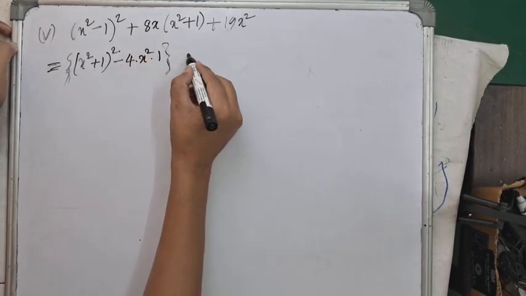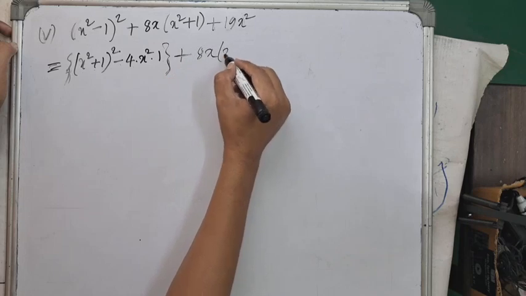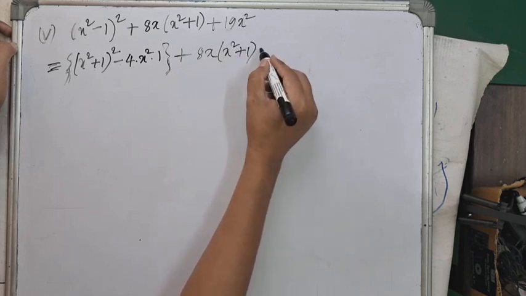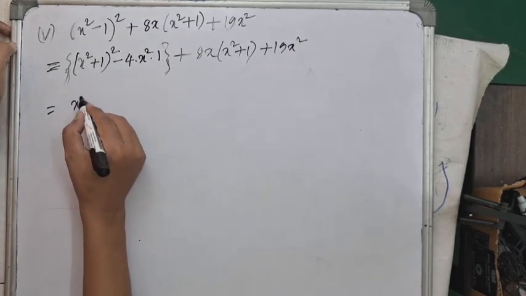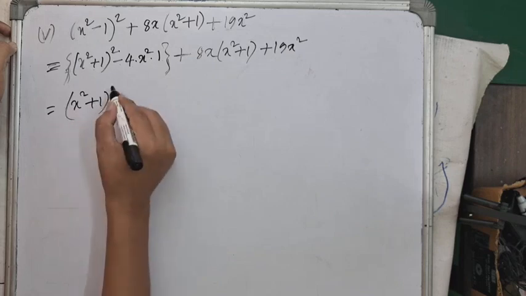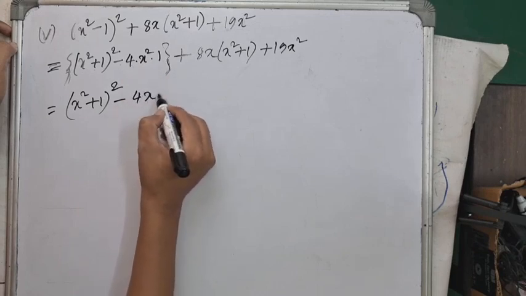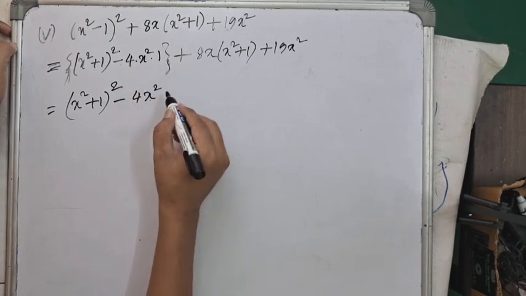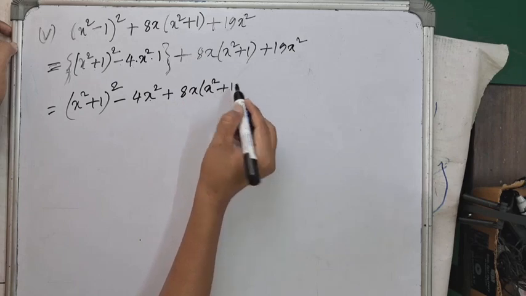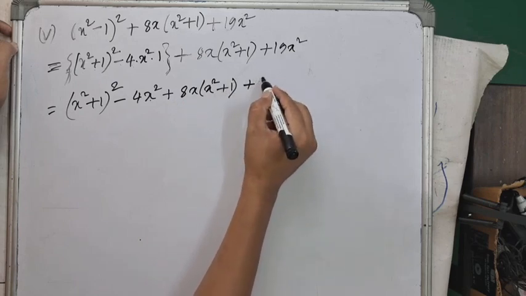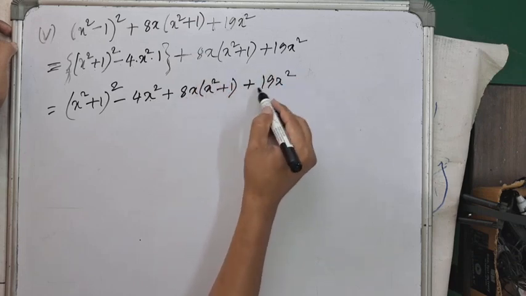Plus 8x into x square plus 1 plus 19x square. This is x square plus 1 whole square minus 4x square into 1, 4 1s are 4, into x square is 4x square, plus 8x into x square plus 1 plus 19x square, isn't it?